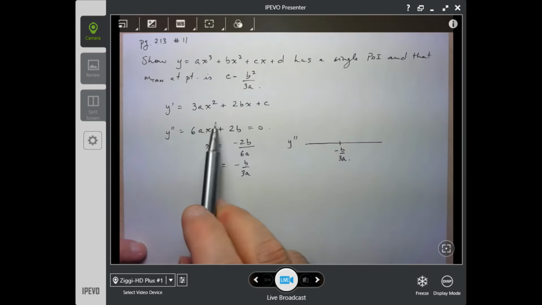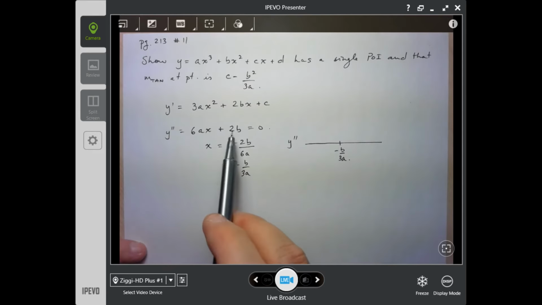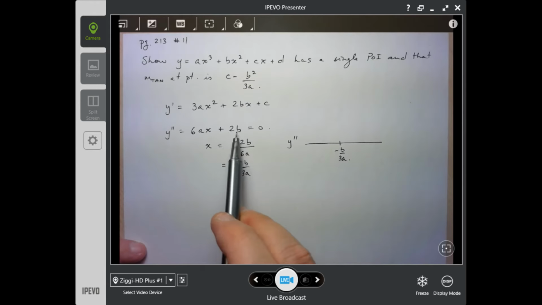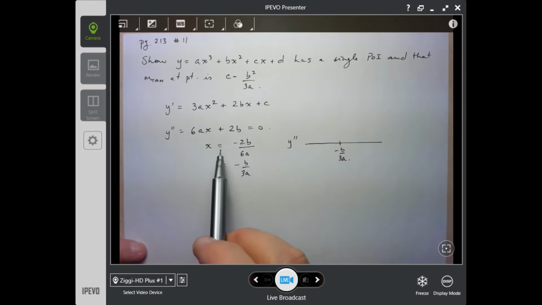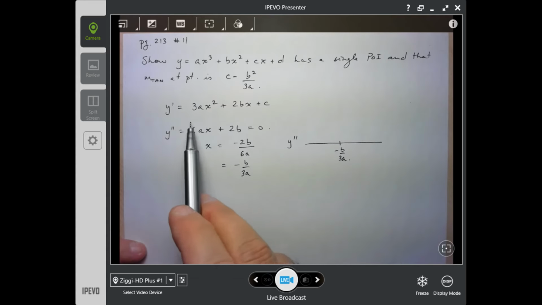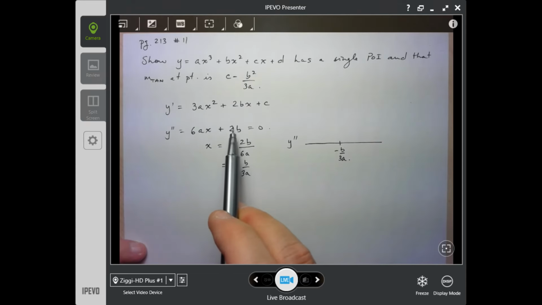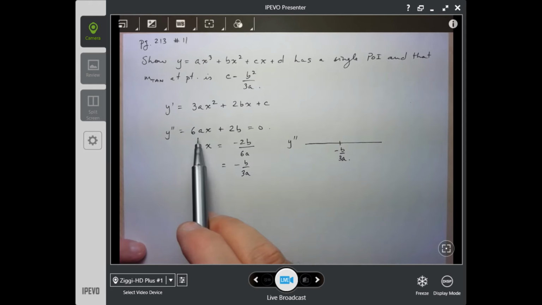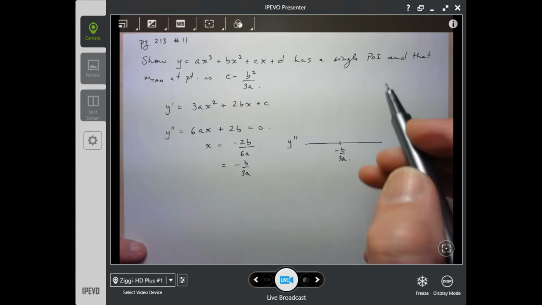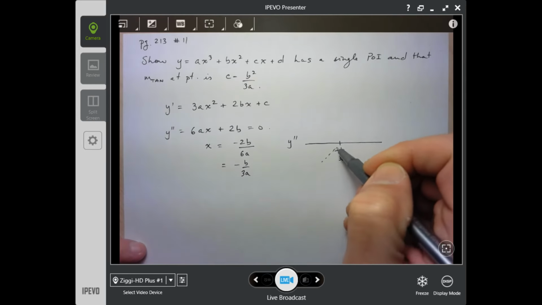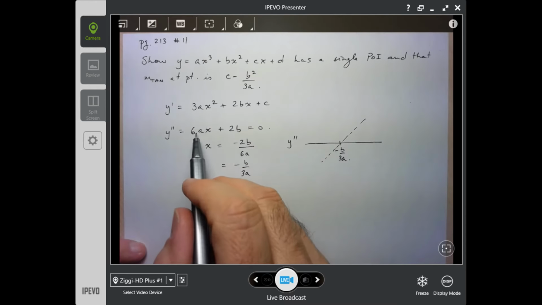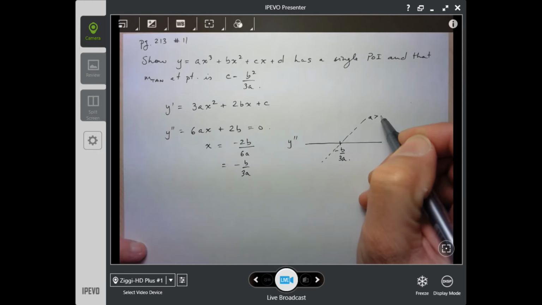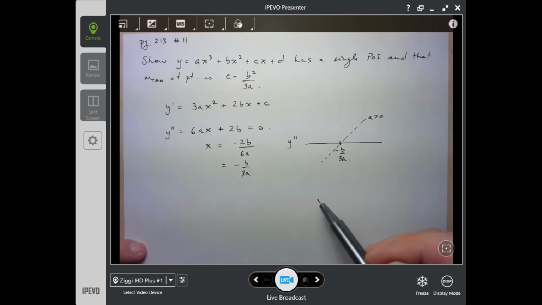Well, let's take a look at the second derivative. The second derivative is just a line, because remember, 6a and 2b are just constants. So this is just the slope. This is just the y-intercept. So we know that a line will cross the x-axis. Now, if a is a positive number, meaning the slope 6a is positive, we know it's going to cross from negative to positive.